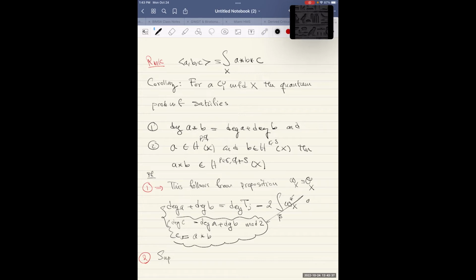Now part 2, suppose X has dimension, for instance, n.